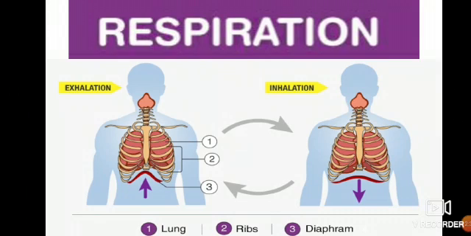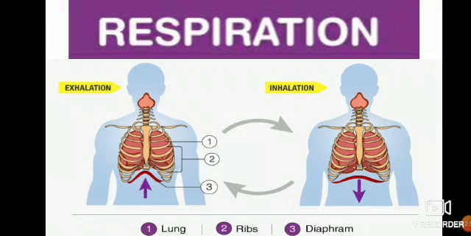So we take in air, that is oxygen, and we give out air, that is carbon dioxide. Now with the help of lungs, ribs, and diaphragm, these three organs, we exhale and inhale.